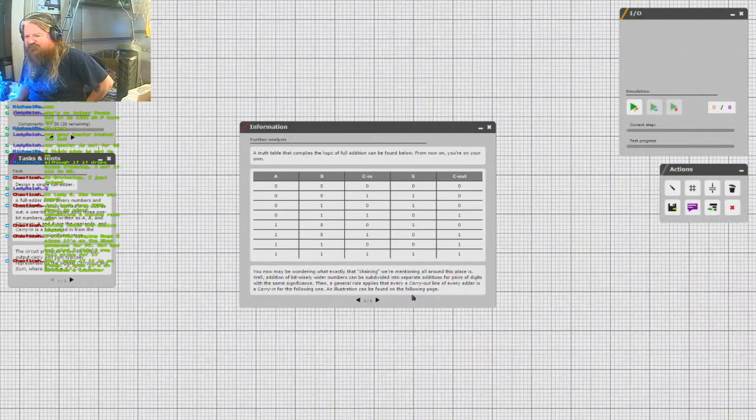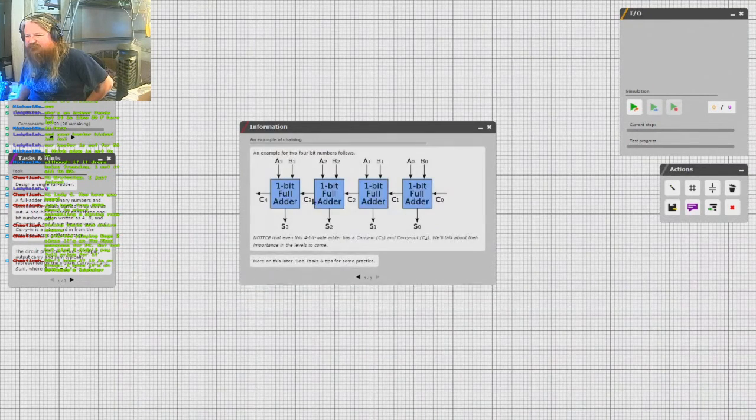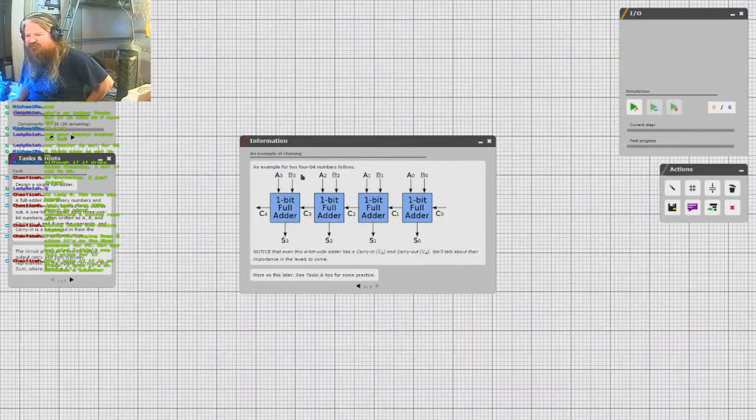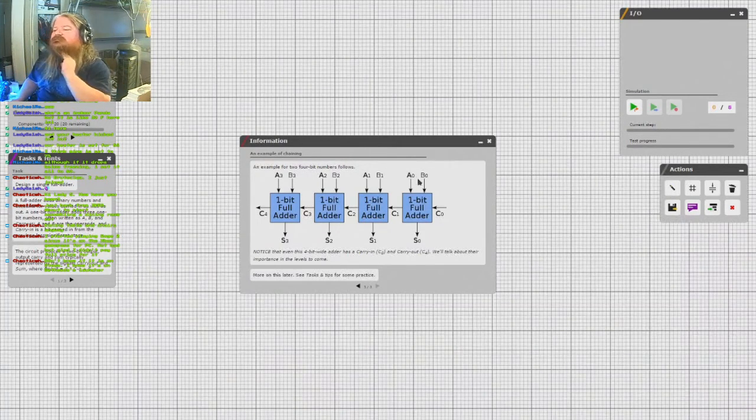An illustration can be found on the following page. An example for 2 4-bit numbers follows. Okay, yeah, so you have bit 1, all the A's, bit 2, I guess it'd be a nibble, is all the B's, and the carryover carries out.